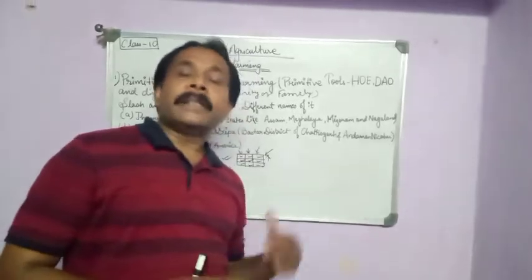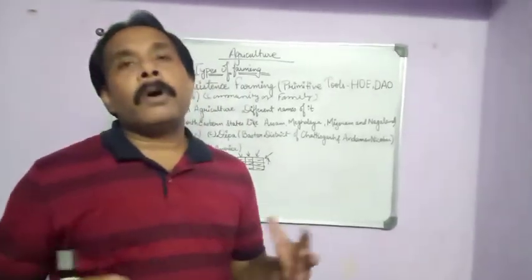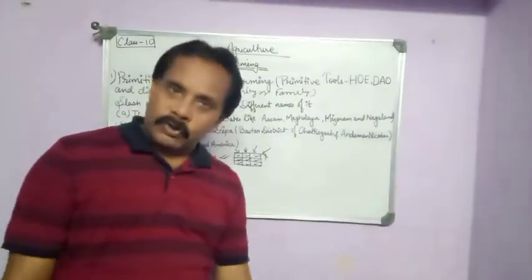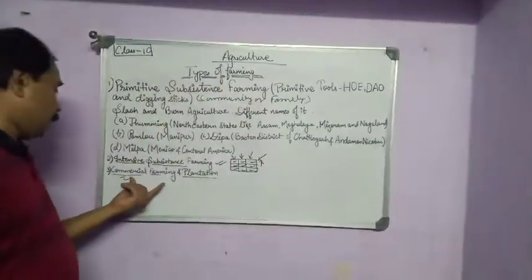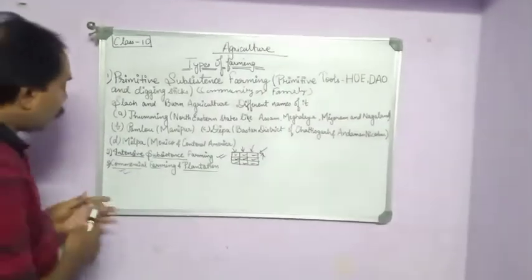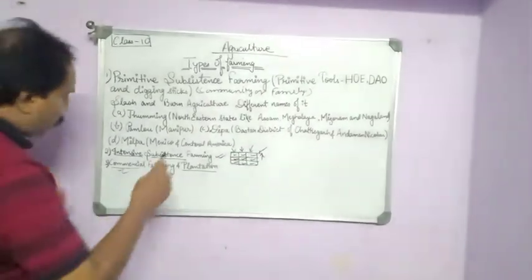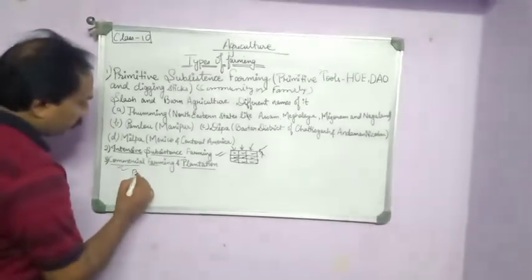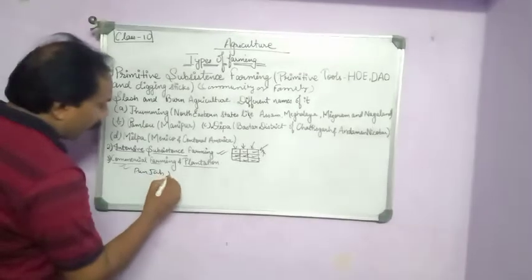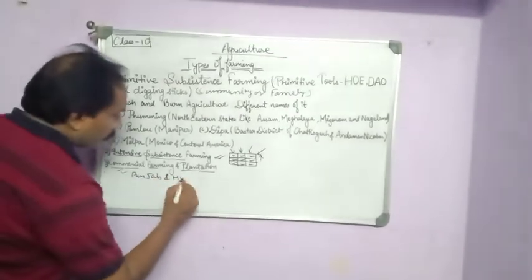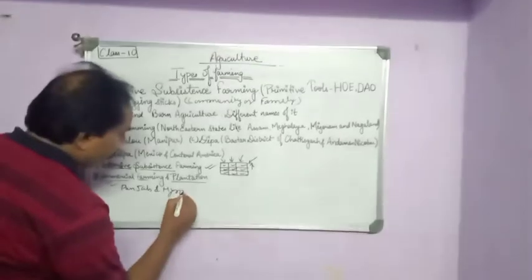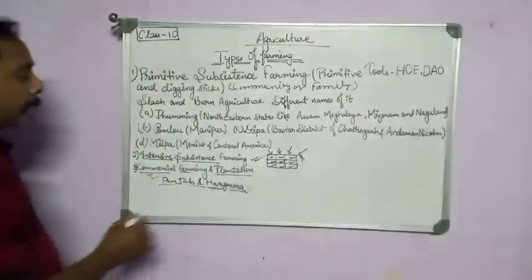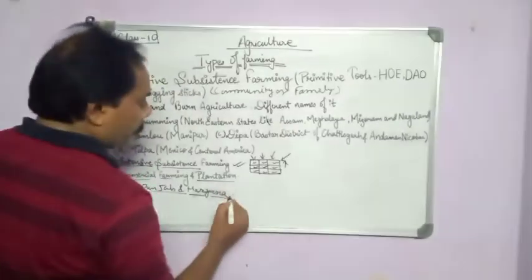You can also say they produce the product in the form of raw material, which is provided to the agro-based industries. Okay, but one thing you must know: suppose commercial farming is being done in Punjab and Haryana, so here is the production of, suppose, rice.